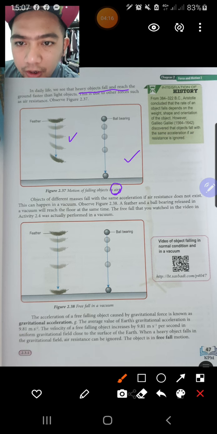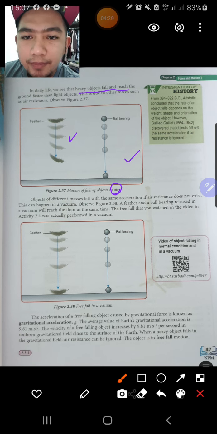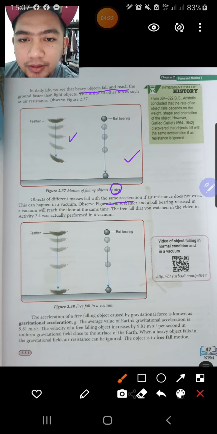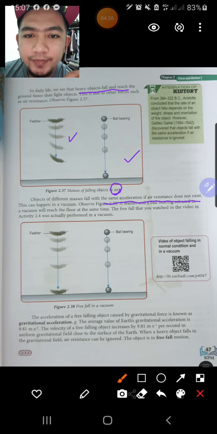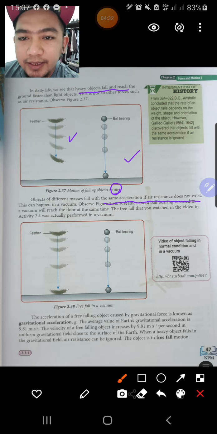Okay, next, objects of different masses fall with the same acceleration if air resistance does not exist. Okay, if air resistance does not exist, this can happen in a vacuum.